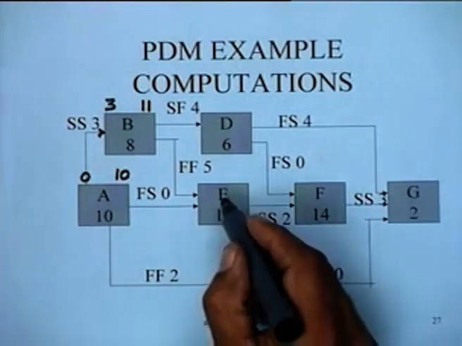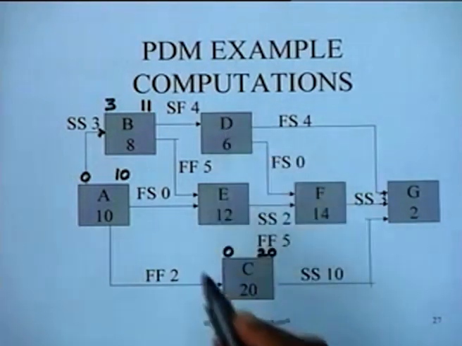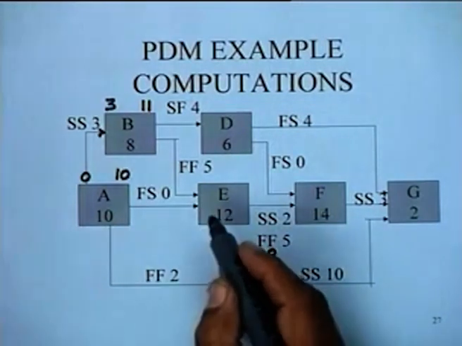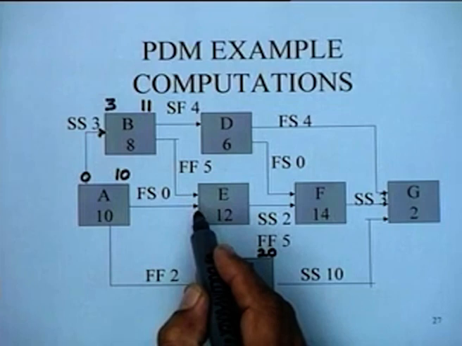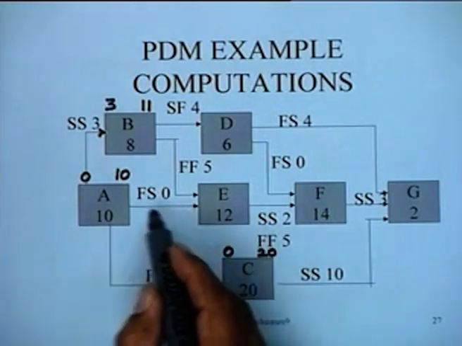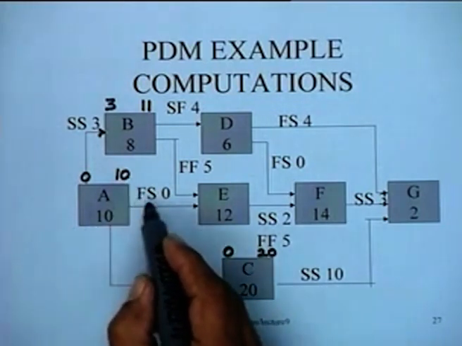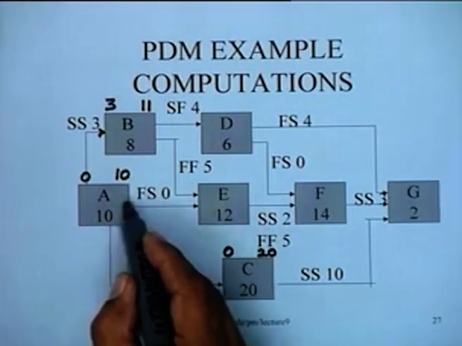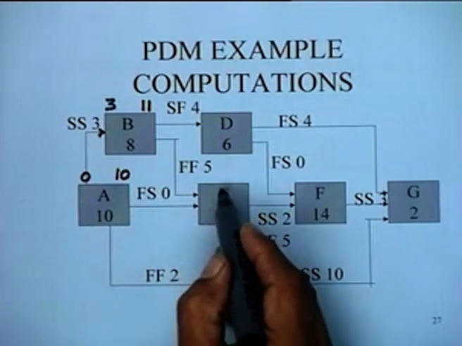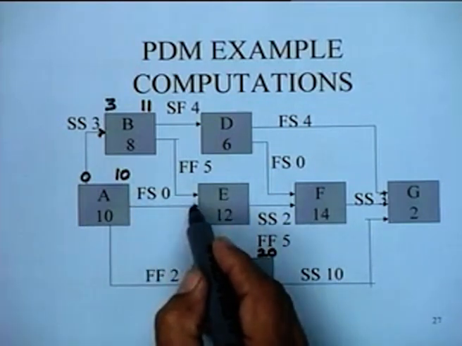Now let's take job E, for instance. Job E has 2 kinds of constraints coming into it. If we come from here, 10, it says finish to start has a time of 0. So the earliest that this can start by virtue of this particular constraint is 10.